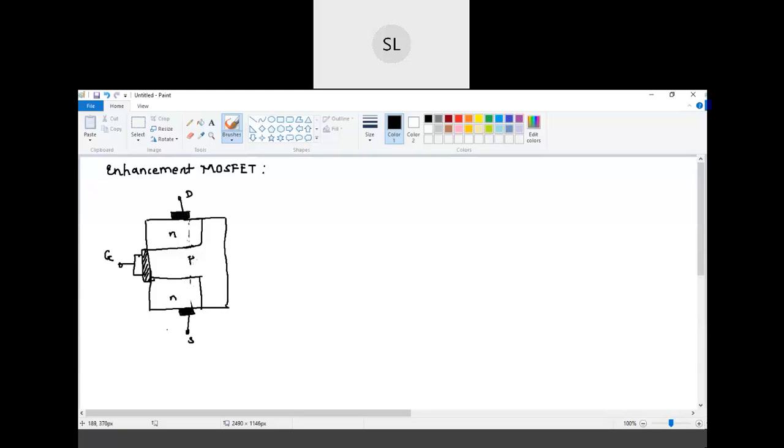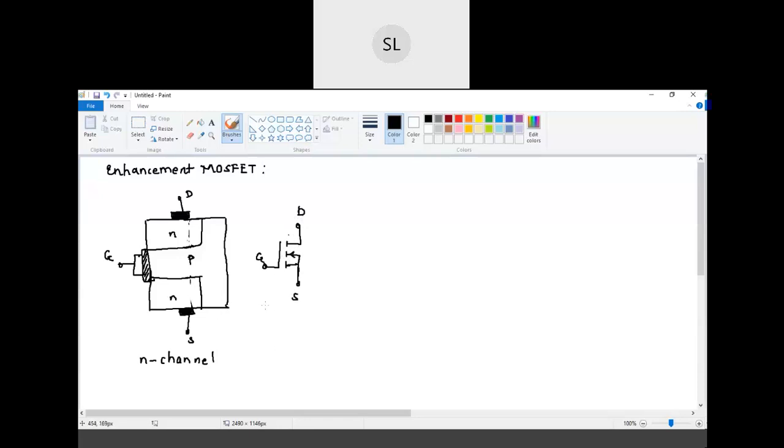So this is an n-channel MOSFET, enhancement type. Symbolically, we have drain, gate and source.